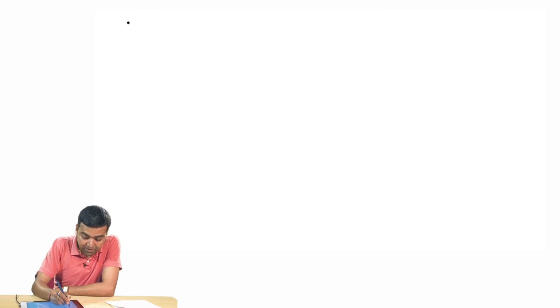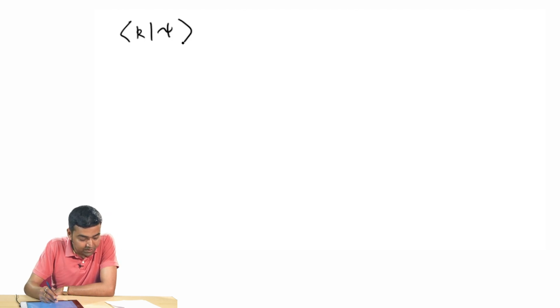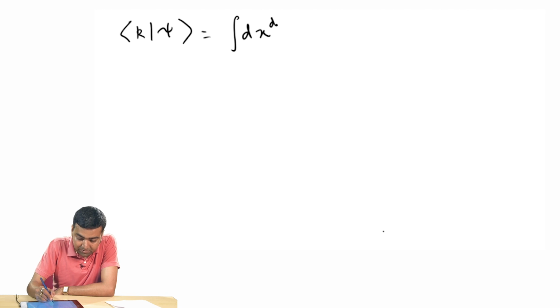So, what I have is <k|psi>, which I can write as the integration dx of <k|x>. I will plug in the value of |k> and the value of |psi>. Corresponding to this state k, the wave function, if you remember, we had chosen as phi_k, and since it is the bra of that, I will take a complex conjugate.